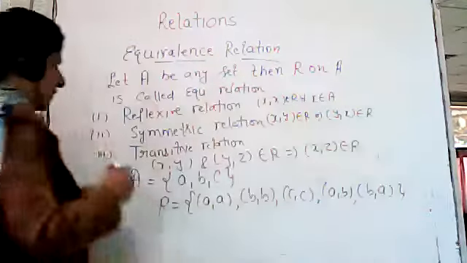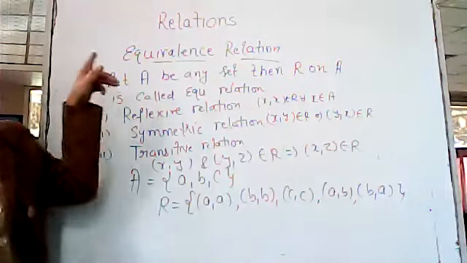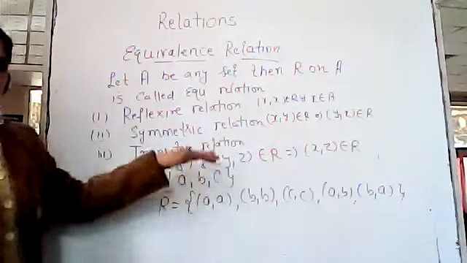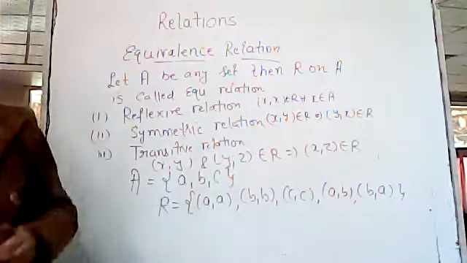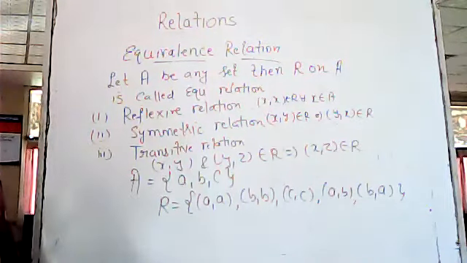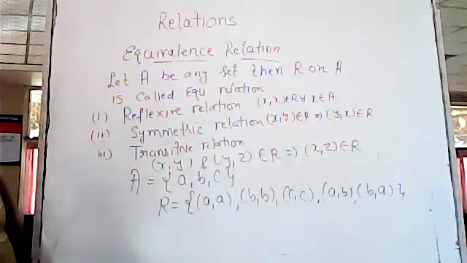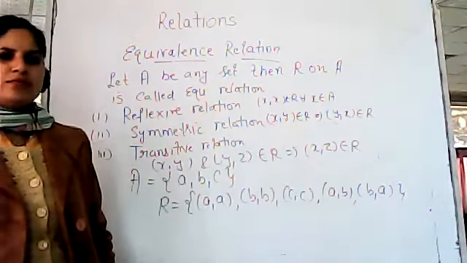Now please tell me whether this relation R is an equivalence relation or not. Take 1 minute. Check whether this relation is an equivalence relation or not. Yes, ma'am, equivalence. Yes. Okay. What about the rest of the students? Is the relation an equivalence relation or not? This you have to verify.